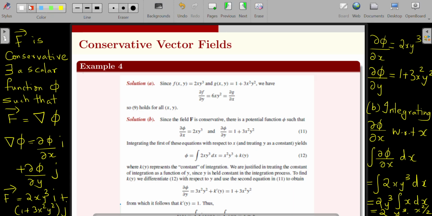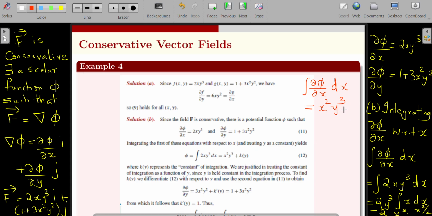I hope that this is clear to you. So we obtained the integral of ∂φ/∂x with respect to x equal to 2y³ into x²/2, that is x²y³. Now see, there will always be a constant of integration.